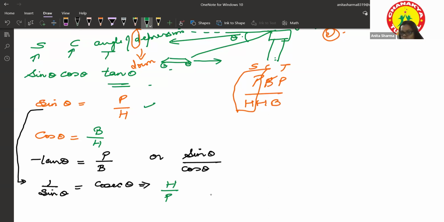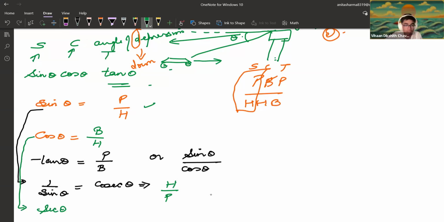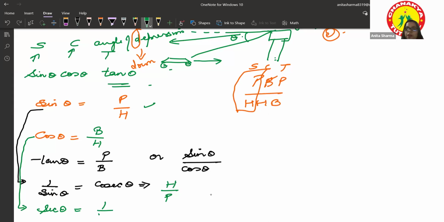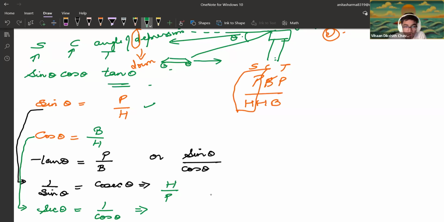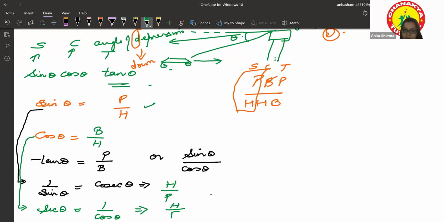Got it? Now Vihan, sec theta is the reciprocal of cos theta. What is the formula for this? It is the reciprocal of cos theta, so it will be H by B. Yes, H by B. Good.